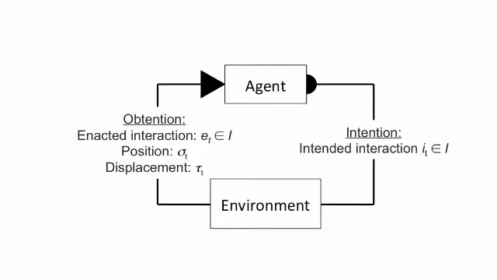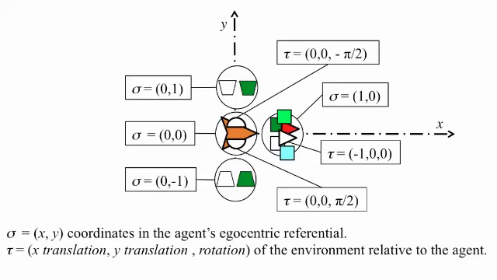So, tau corresponds to the displacement of the environment relative to the agent, that is, the opposite of the displacement of the agent in the environment. So interactions to the front come with a sigma equal to 1, 0, whether it's feeling to the front or bumping or stepping forward.